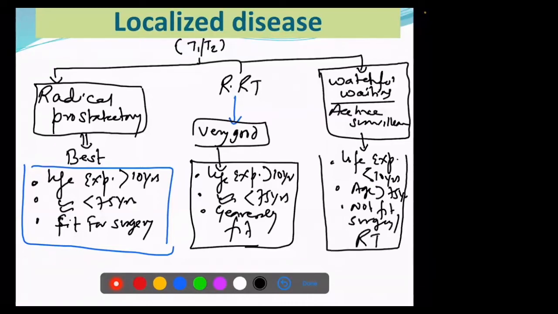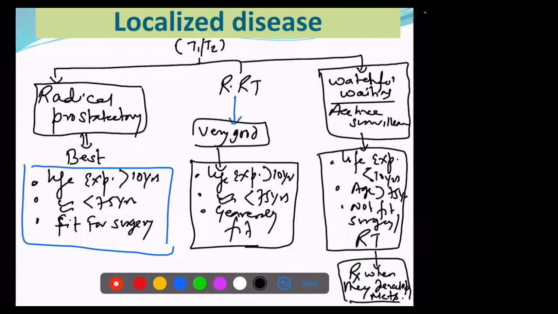In that case, we say, okay, let us wait and watch, or put them in surveillance, and treat when they develop metastasis. Usually, this is the principle.